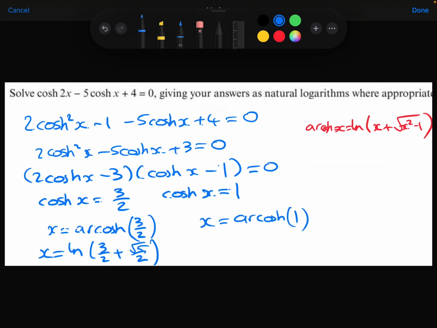Or if I substitute 1 into that, it's ln of 1 plus the square root of 1 squared minus 1, so all that's ln 1, which will just be 0.